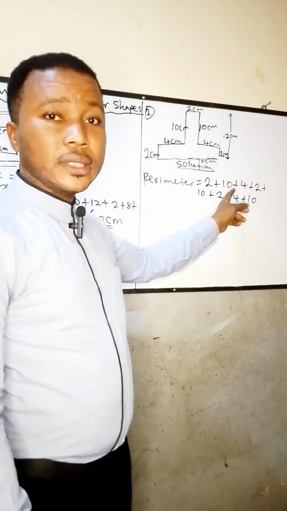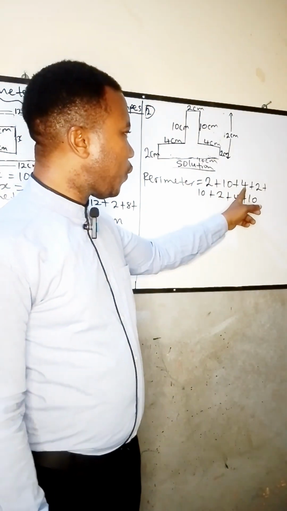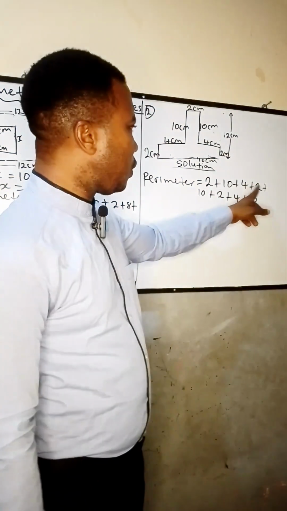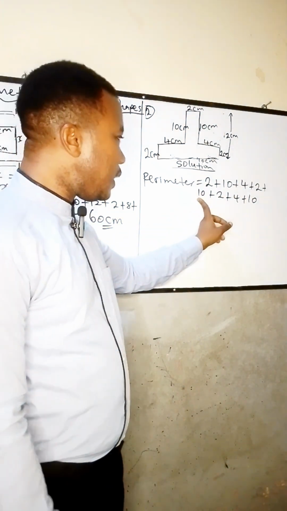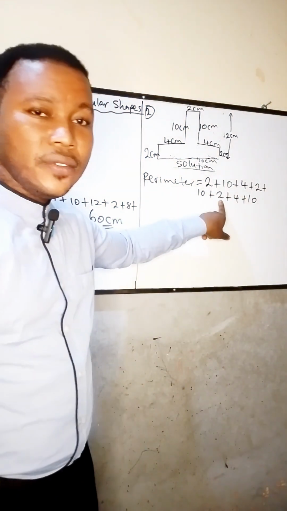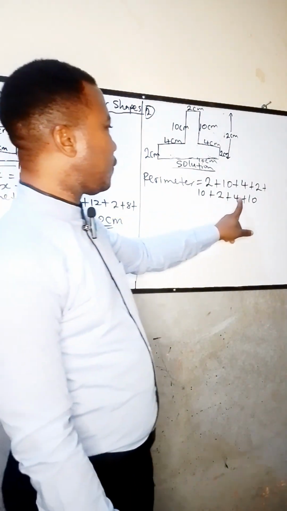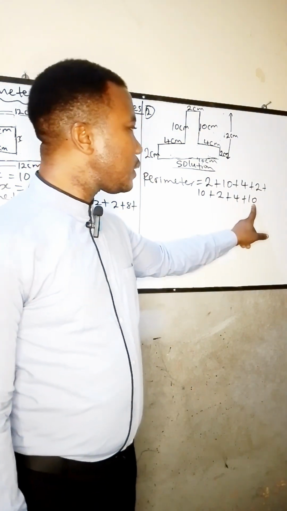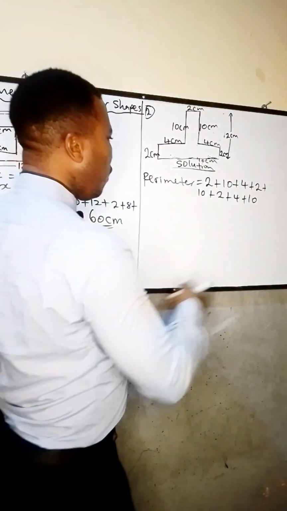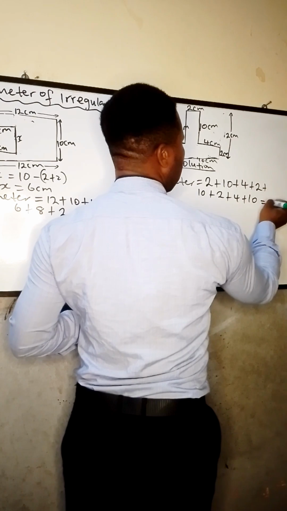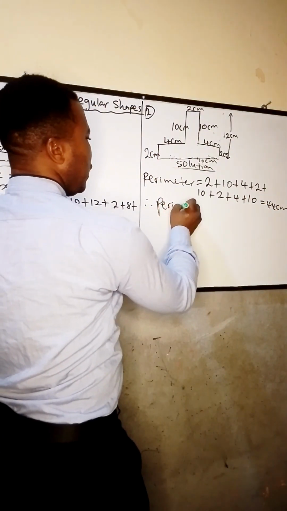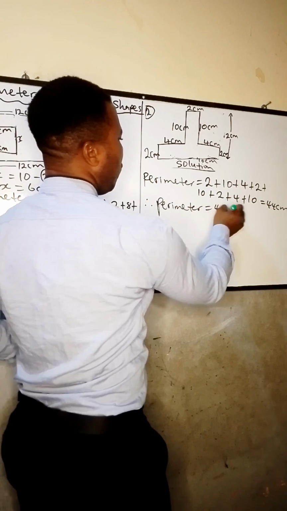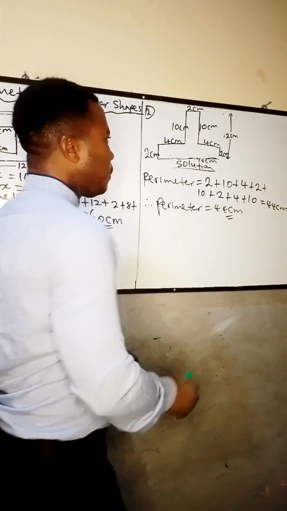Here we have 2 plus 10, which is 12. 12 plus 4 is 16. 16 plus 2 is giving us 18. And 18 plus 10 is 28. 28 plus 2 is giving us 30. 30 plus 4, 34. Plus 10, we are having 44 centimeter. So therefore, the perimeter here is equal to 44 centimeter.